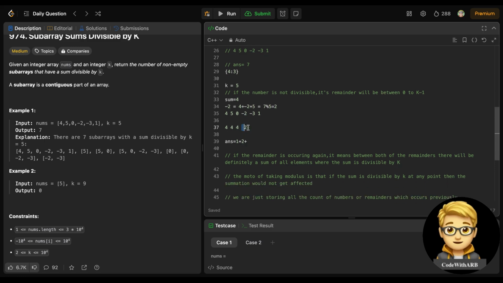Ultimately you need to make this number positive by taking modulus. That's the motto here. So either you can do this, or if you are getting 4 minus 2 as positive, it means you are good to go, right? So 2 is here now. Does 2 occur? No, 2 does not occur. So I will just store this remainder in my answer. Now 2 minus 3 is minus 1.